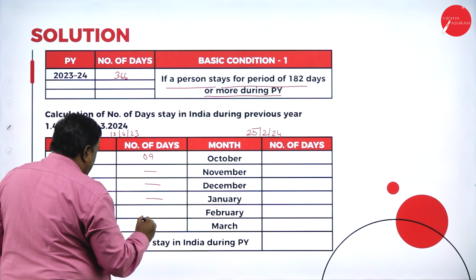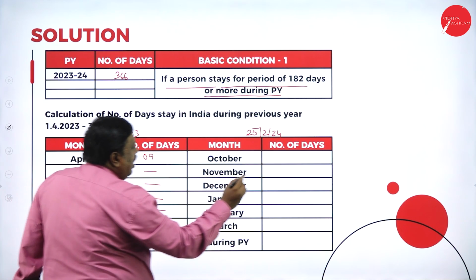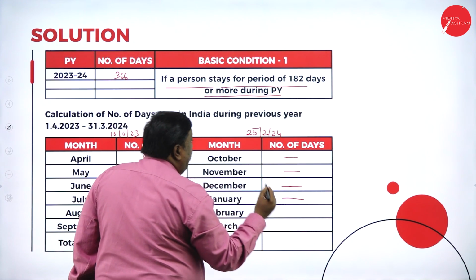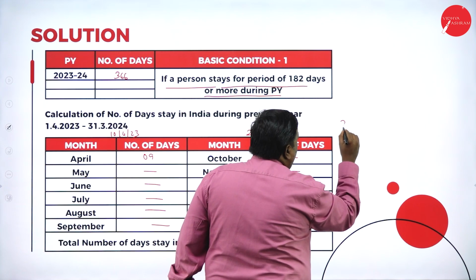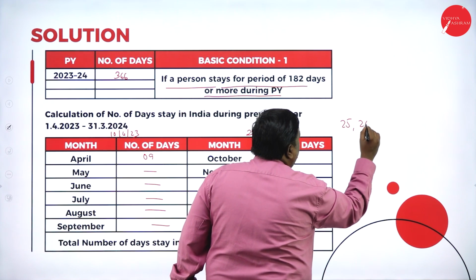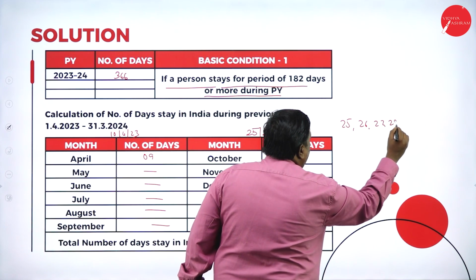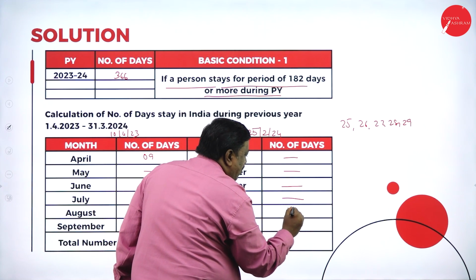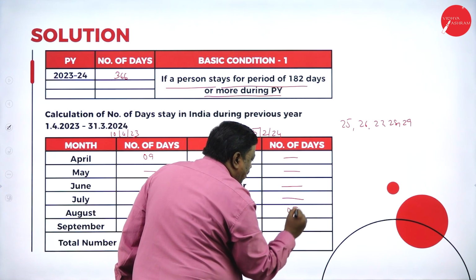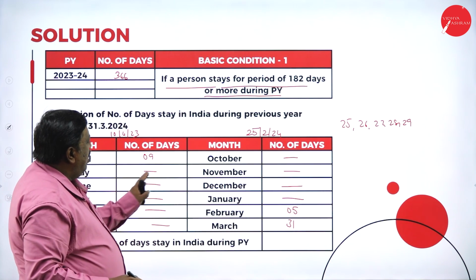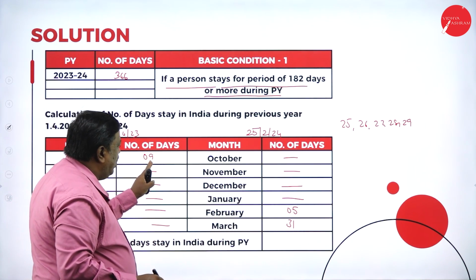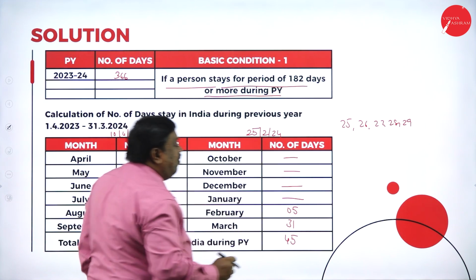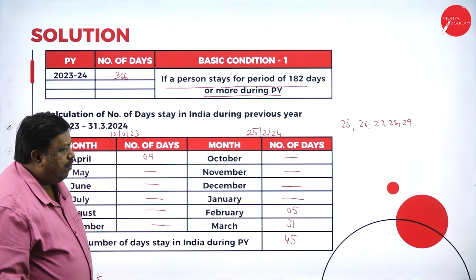June, July, August, September, October, November, December, January, not in India. February, I came on 25th, including 25th, 26th, 27th, 28th, 29th. Means it is a leap year. So I was in India for 5 days in February and 31 in March. So totally 31 plus 9 is 40, plus 5 is 45 days. So I was in India for only 45 days during the previous year.